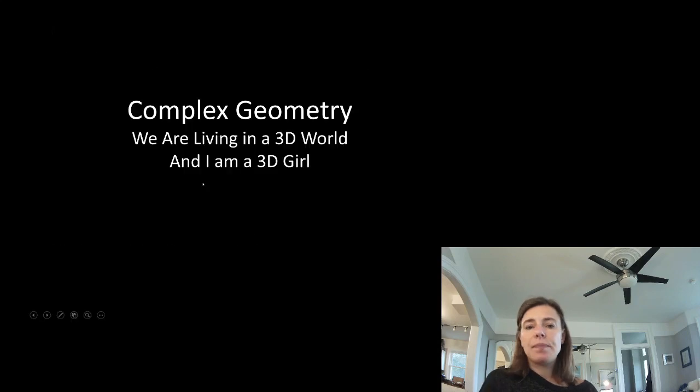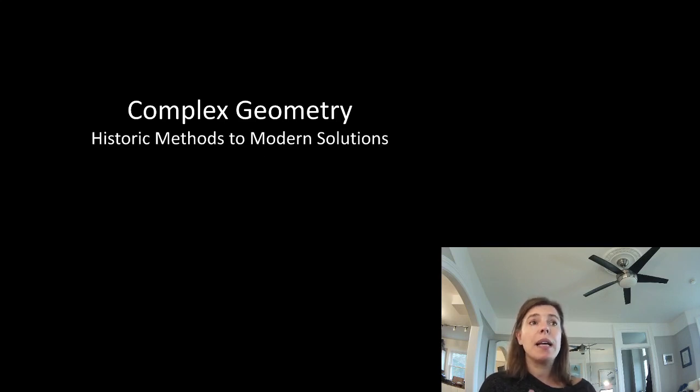Let's look at why we need it. We're trying to convey 3D world information in a 2D format, and maybe that's not the best way to do it, because we've struggled with this for a long time. How do we take this information?